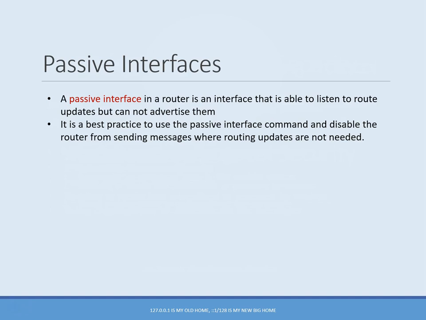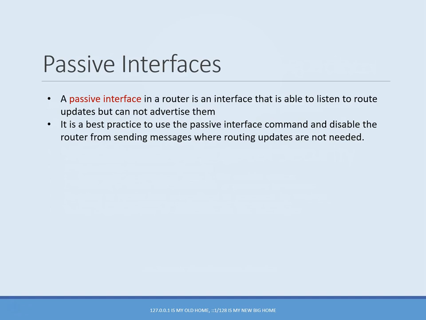This is important on what we call access LANs. An access LAN is a LAN that is connected to the organizational network through an interface. This interface, which we can call an entry point, should be passive.